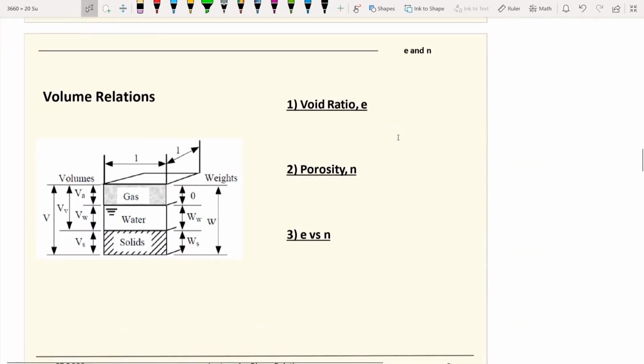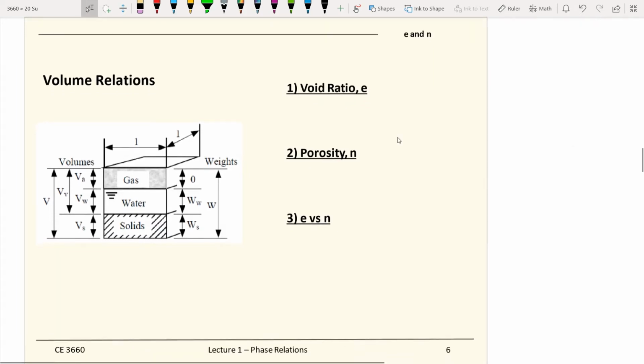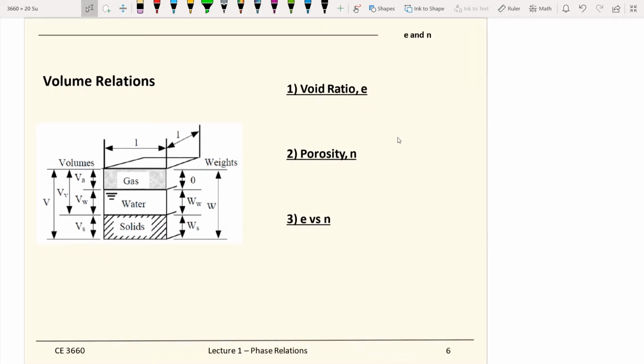Okay, more terminology to follow. On top of those components from the weights and the volumes, there is another term called void ratio. The definition of void ratio is equal to the volume of void divided by the volume of solid.